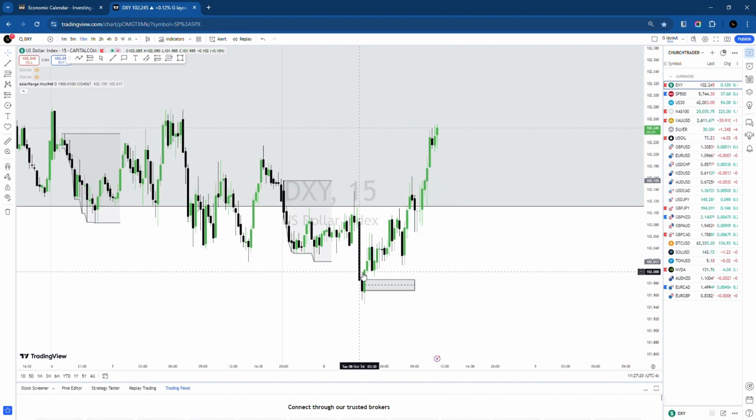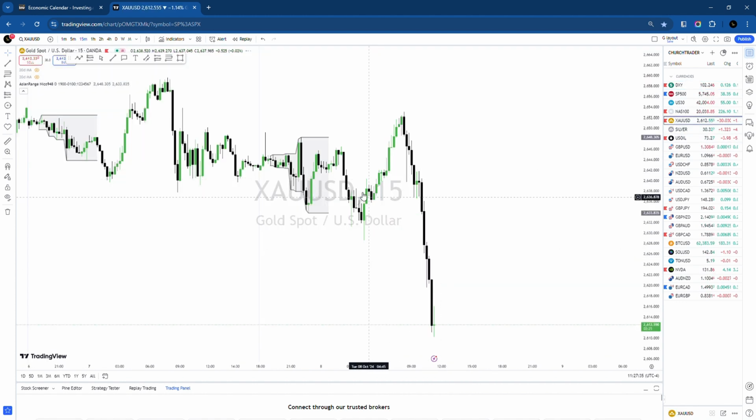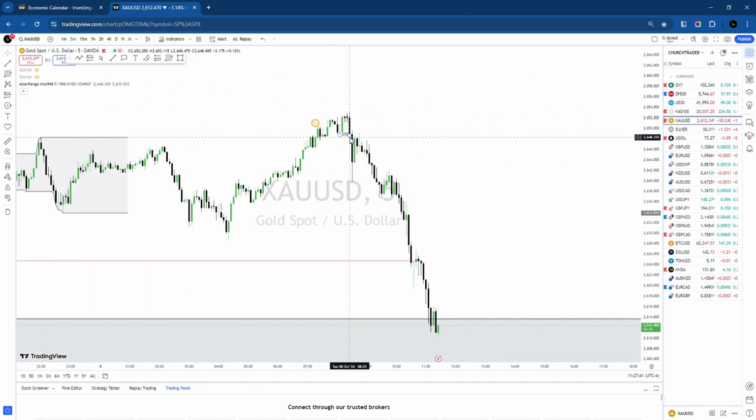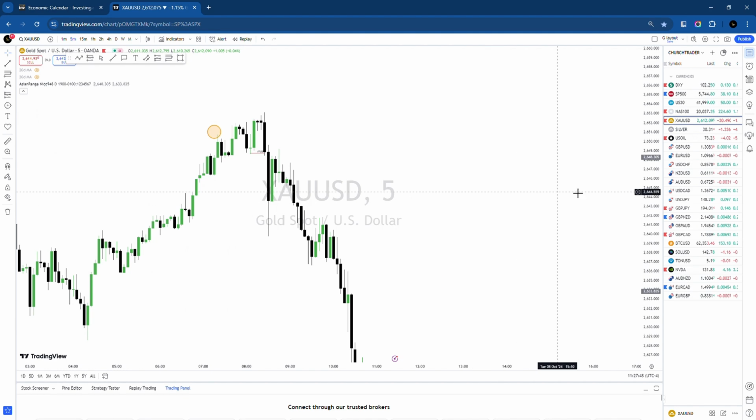So this was a confluence to the gold sell, because we've taken sell side liquidity with a market structure shift to the upside and retested, and we are going up. So it means that if gold also takes Asian highs and we have a market structure shift to the downside, this confirms that gold was going to sell. So this is how I took the trade.